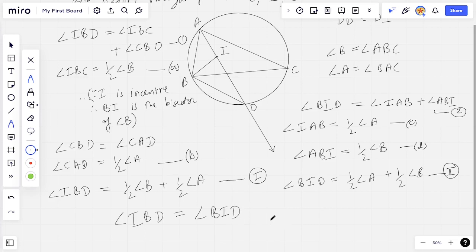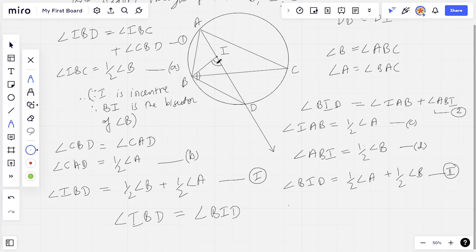So in triangle BDI, IBD, this angle over here, is equal to BID, this angle over here. So these two angles are equal is what we just proved.